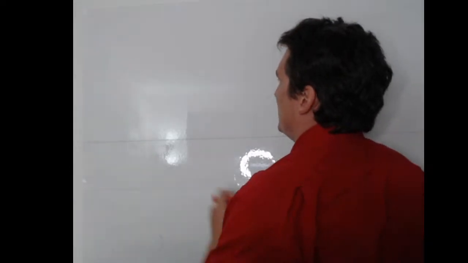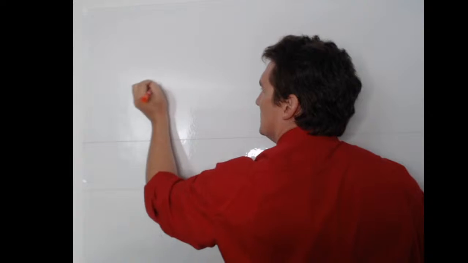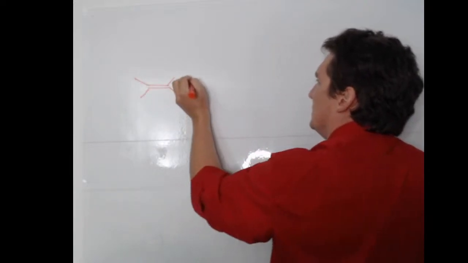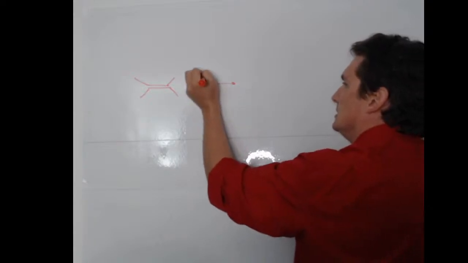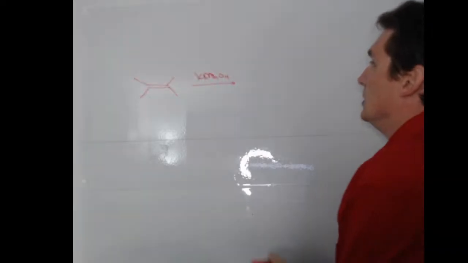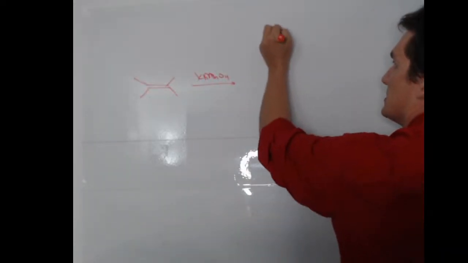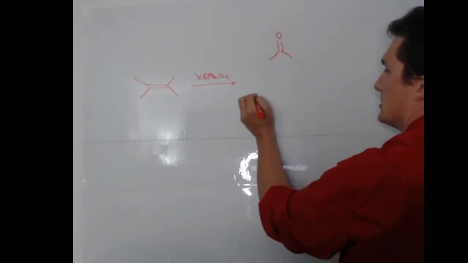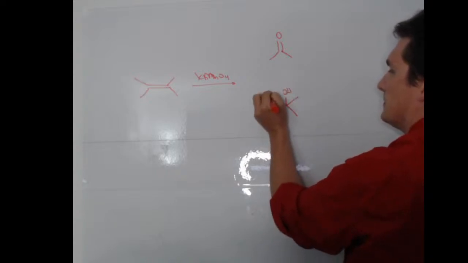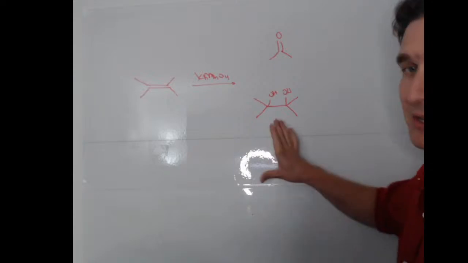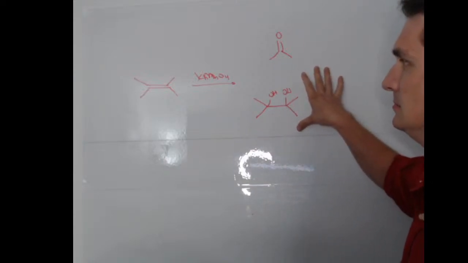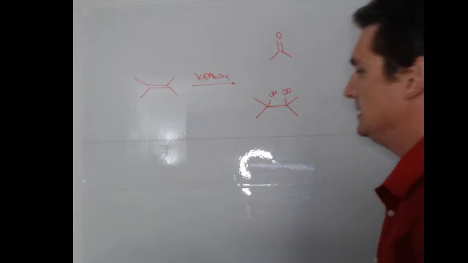So let's say we take a nice simple symmetric alkene and we react it with KMnO4. We're really going to get both products. So both of these are going to be present in the reaction mixture when we get done.